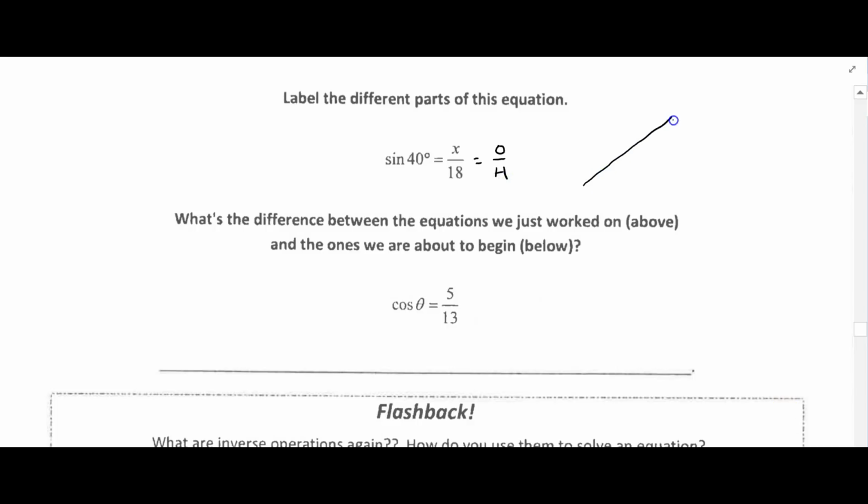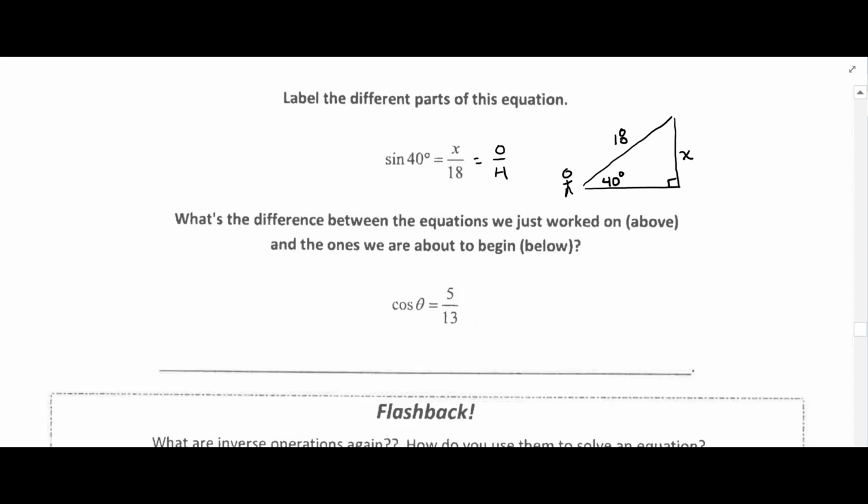So a triangle that this may have come from, here's my right triangle. I'm going to put my 40 degrees here. I could have put it up in the other acute angle at the top, but we'll put it over here. So I'm standing over here, and my opposite side is going to get an x, and my hypotenuse is going to get an 18.